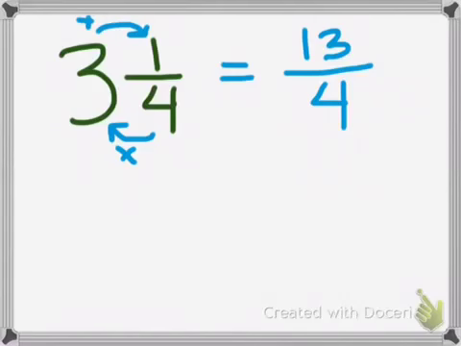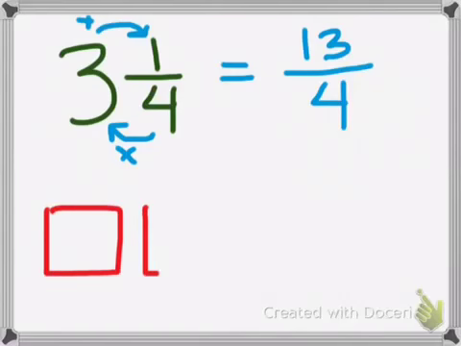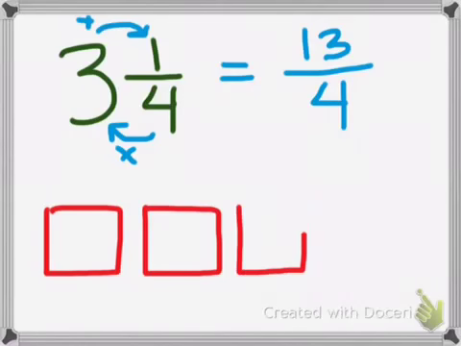Okay, so if I have 3 and 1/4, that's kind of like I'm saying I have 3 wholes and then another 1/4. So I'm going to draw 3 wholes in the form of squares. And then I also have 1/4, but you have to remember that that 1/4 is out of the same whole.